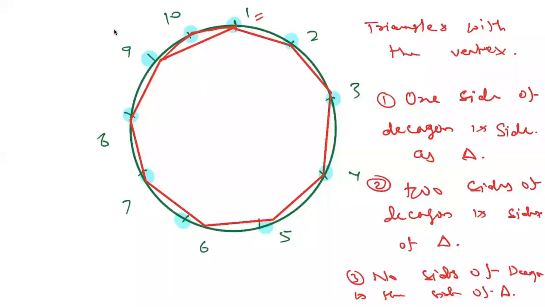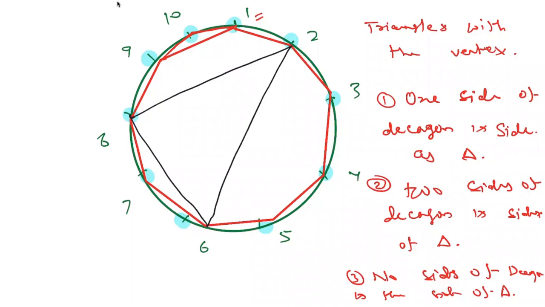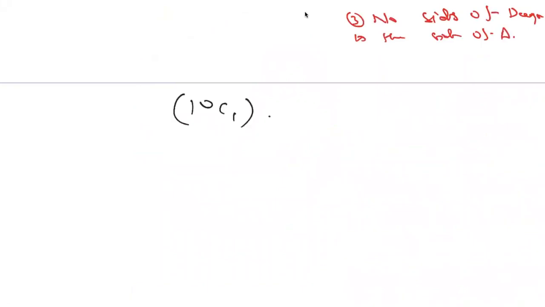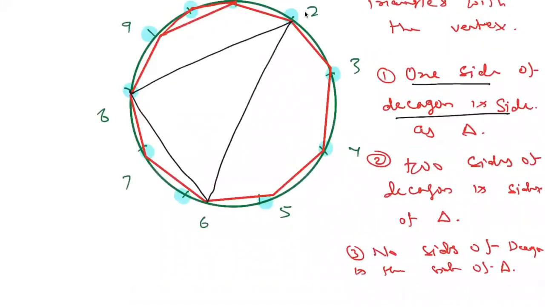So if we are saying that we have to form a triangle with the vertex, like if I'm forming this triangle, so obviously no side of the decagon is a side of triangle, right? First case, when one side of the decagon is the side of triangle, right? We have 10 sides. So if I'm selecting any one side by 10C1 ways, see if I'm selecting this one, right?